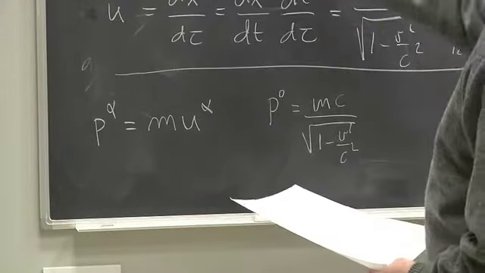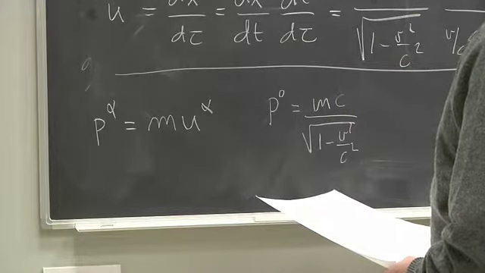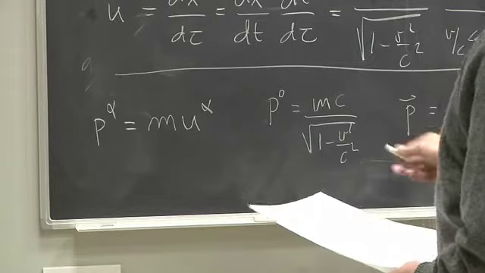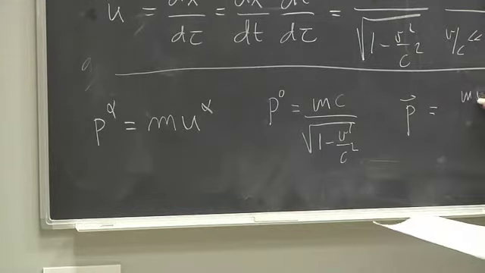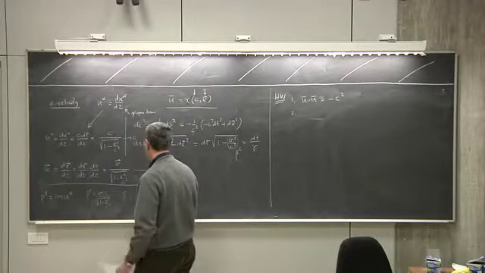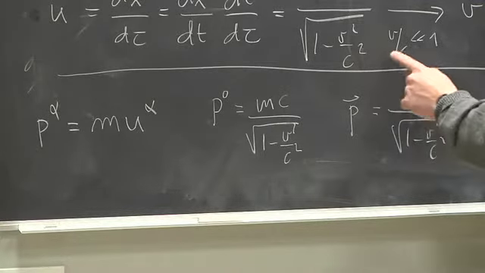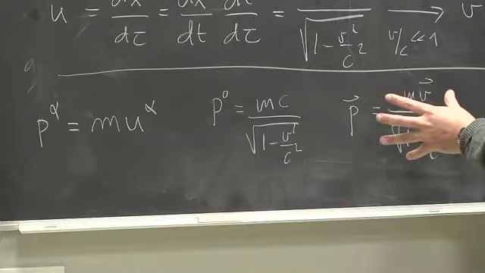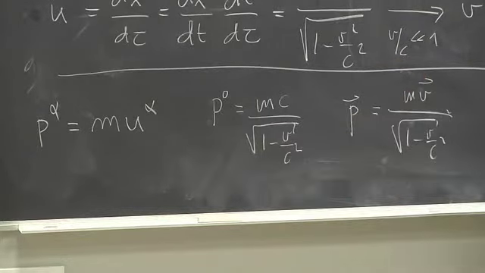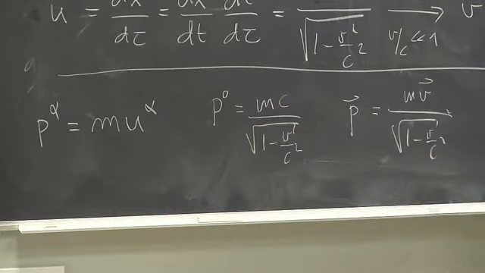Actually, mc, yeah, mc. And p, well, then p is just mv. And so this again, in the non-relativistic limit, goes into the usual momentum, and this goes into essentially the mass times the speed of light.